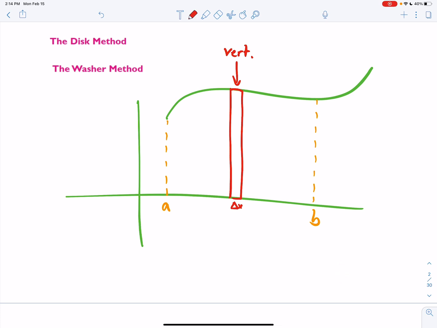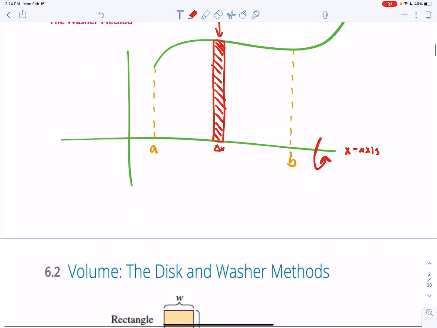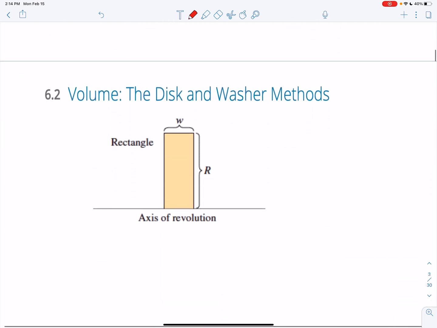But what would happen if I were to revolve this rectangle, if I were to spin it, in a sense, across this x-axis right here? If you were to spin it constantly, what solid of revolution would that make? Okay, think about it. If I were to spin this, what would it make here, right? So here's a little visual about that. So you got this rectangle here. We're spinning it.